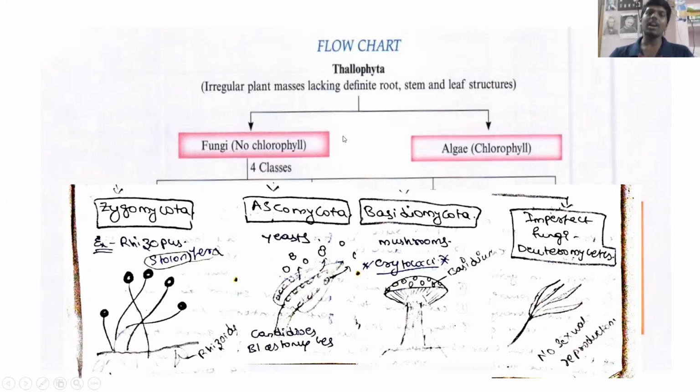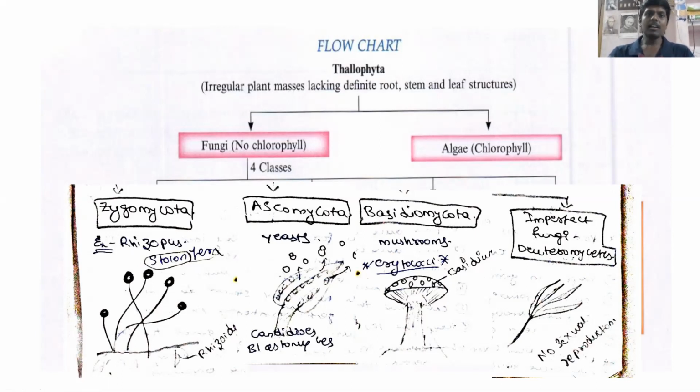In fungi we have four classes: Zygomycota, Ascomycota, Basidiomycota and Deuteromycetes. The Zygomycota example is Rhizopus, the Ascomycota example is Candida, which has a sac-like structure, and the Basidiomycota example is Cryptococcus, which has an umbrella-like basidium structure, and then Deuteromycetes. So this is the taxonomical classification of fungi.